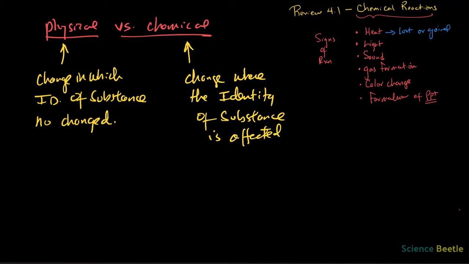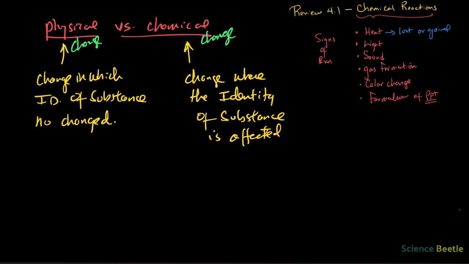What happens here is that you're going to wind up getting a different substance altogether. So the original identity of that substance is no longer occurring. So if these changes occur here, the one on the left is known as a physical change. And if there's a change that involves a change in the identity of the substance, that will be a chemical change.